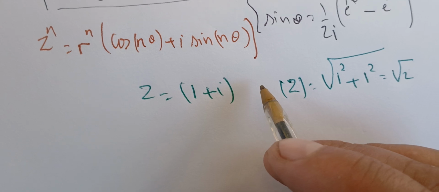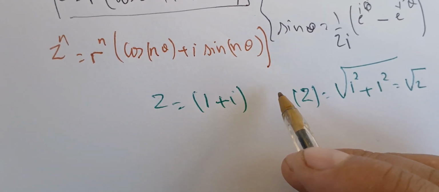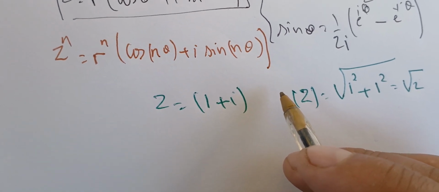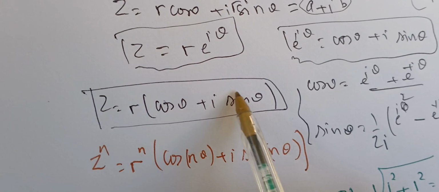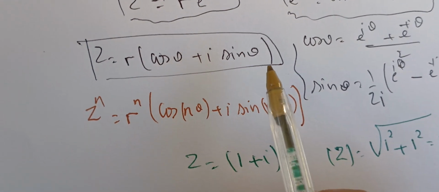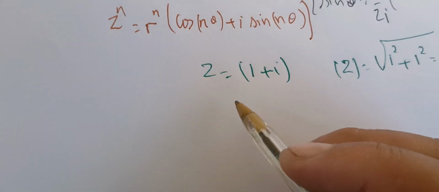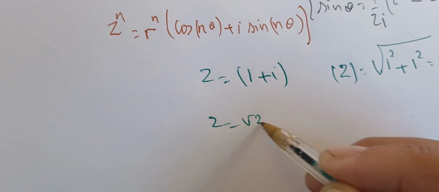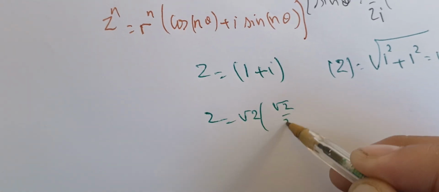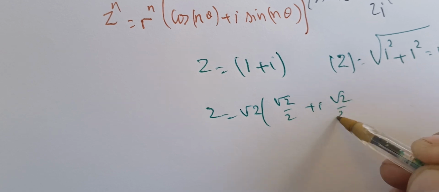Okay? So a quick way to write it in this form is to factor out the modulus. z is square root of 2 times square root of 2 over 2 plus i square root of 2 over 2.